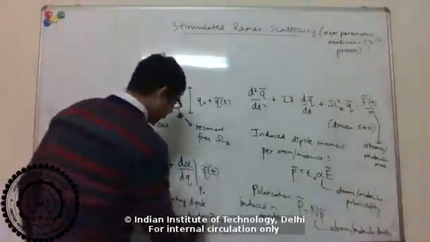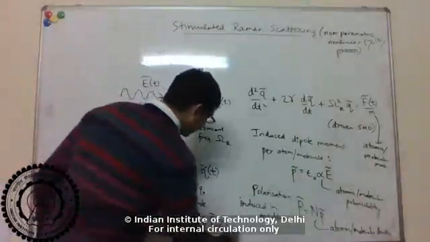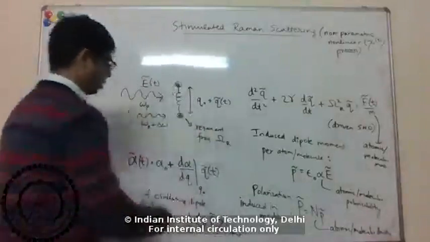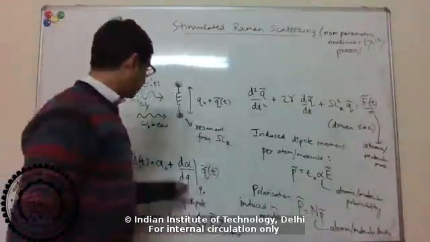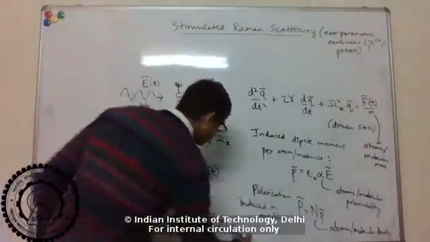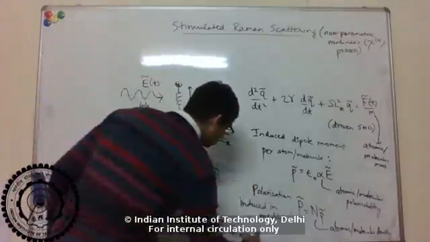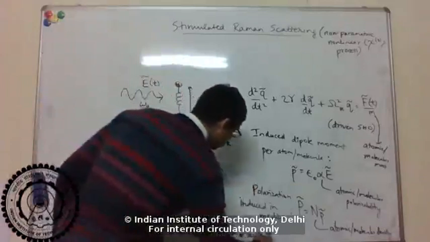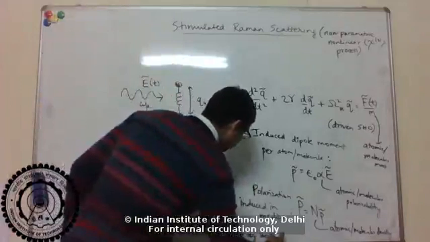And here we put these brackets, which show a time average, because now both the electric field and the dipole moment are time varying. So this is our time average over one optical period.